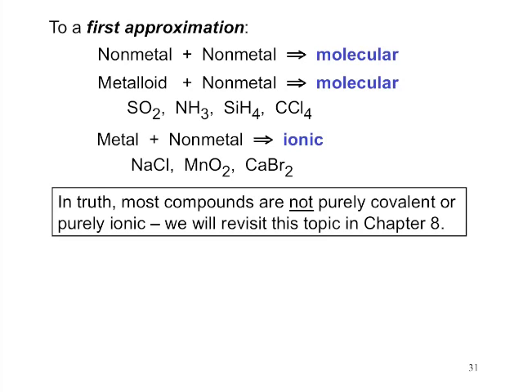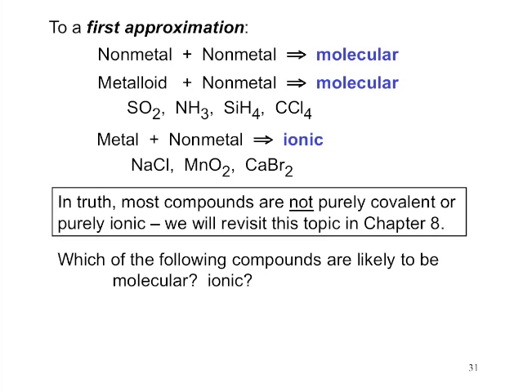Those are purely ionic compounds. Molecular compounds are formed by sharing of electrons, and if the sharing is equal, the charges on the atoms are 0. But the truth is, most compounds are neither purely covalent, where the charges on atoms are 0, nor purely ionic, with well-defined discrete charges. They're somewhere in between. And we'll revisit this topic in a bit more detail in Chapter 8.